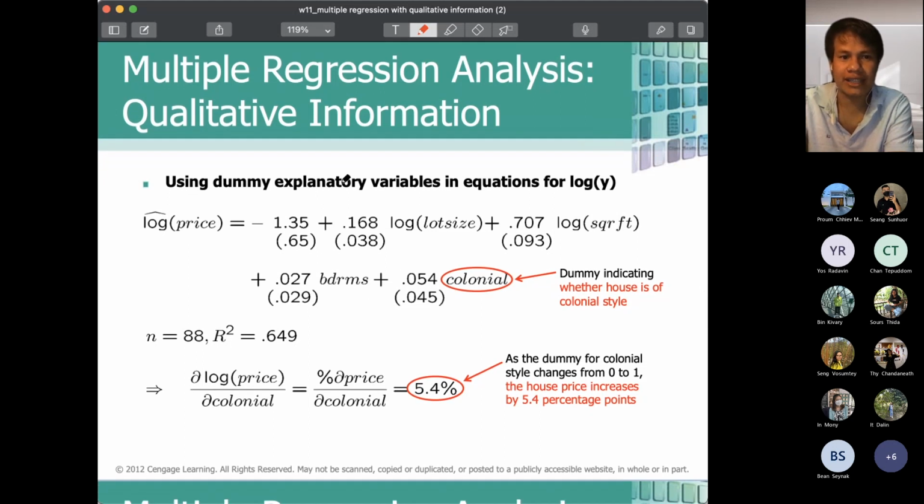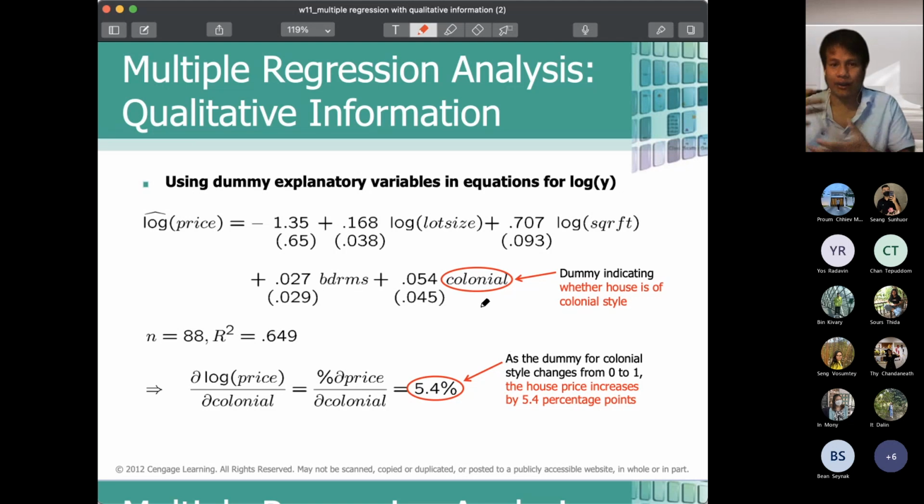In this case, for instance, we have variables like lot size, square footage, and so on, but our variable is colonial. Whether a house constructed in colonial style earns the same price as a house constructed in non-colonial style. It is found that the house price increased by 5.4 percentage points.